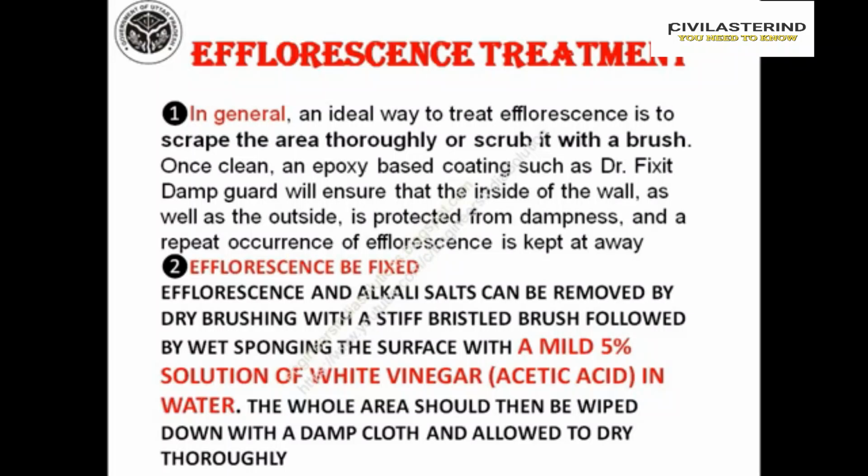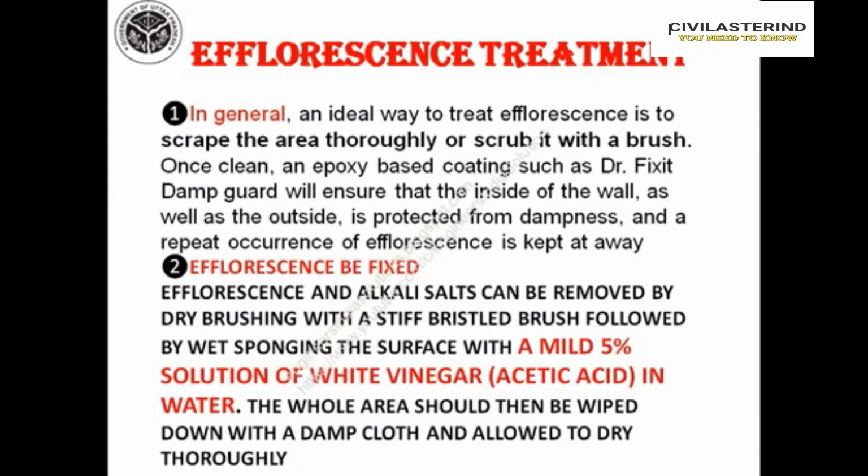And the best way that we can fix it or get rid of efflorescence to a major level is by using a stiff bristle brush and cleaning the whole surface wherever you find these efflorescence effects, and then we use a 5% solution of white vinegar.